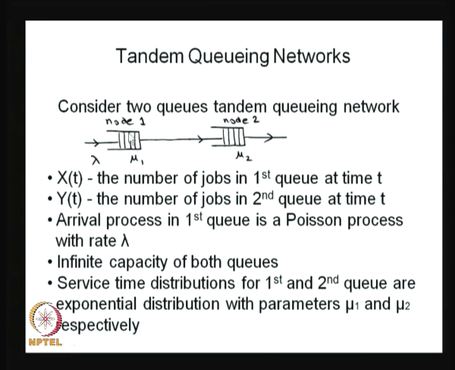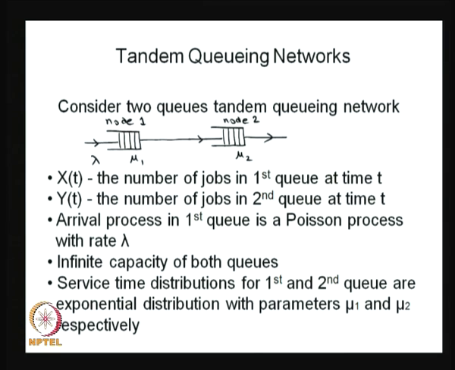Node 1 or first queue, both are one and the same. Y(t), the other random variable, denotes the number of jobs in the second queue at time t. Together, X(t) and Y(t) you can think of as a vector Z(t) equal to (X(t), Y(t)).